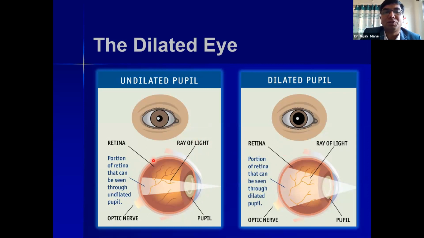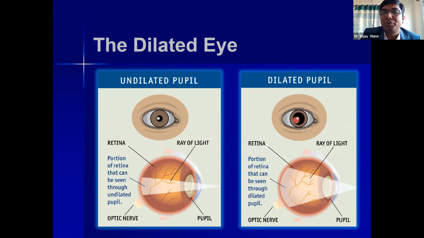So typically, doctors use drops which dilate the pupil. You can see here the size of the normal pupil, and by inserting a few drops, which don't have any effect on the eye itself, the pupil dilates.